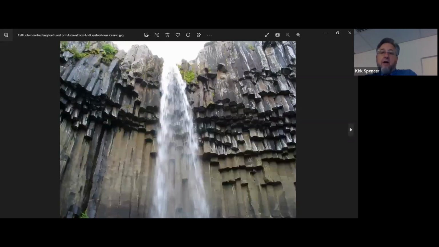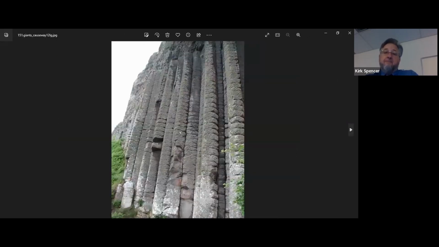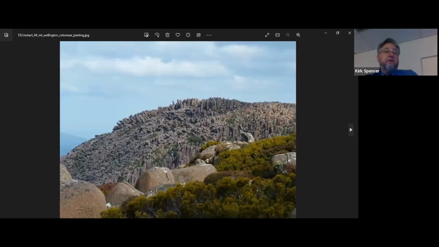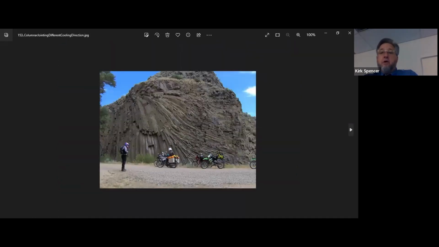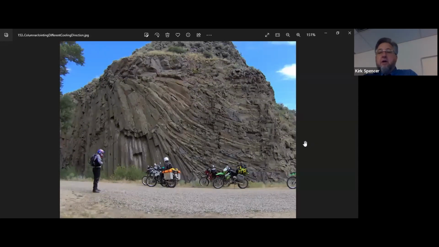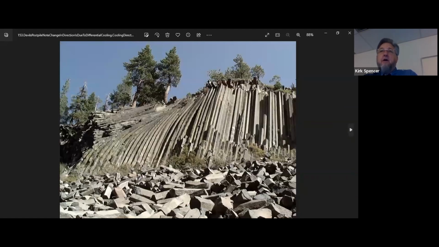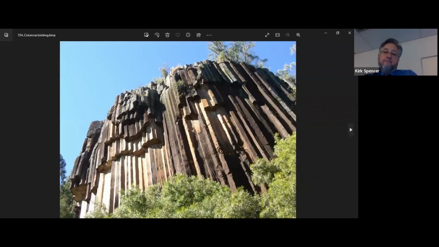That means there were localized changes in how the temperature was distributed. Anyway, these are photographs taken of columnar joints in different parts of the earth. Here you can see a very good example of where you had a local heat source or something that causes the bending in the columns.